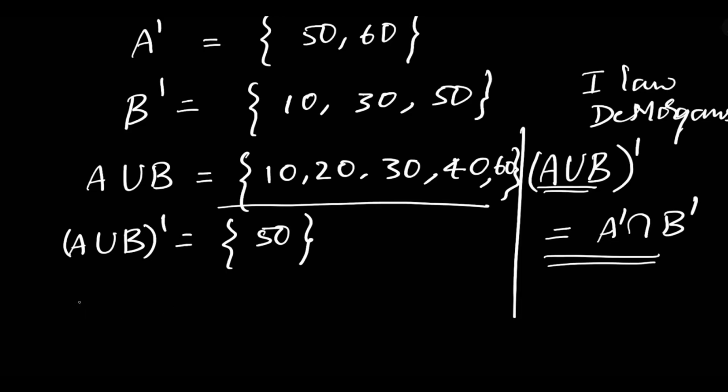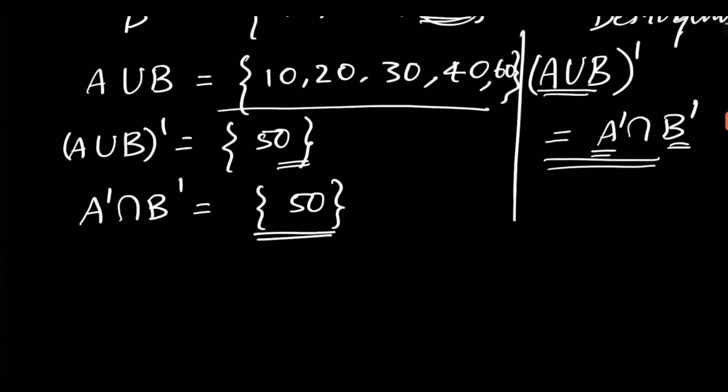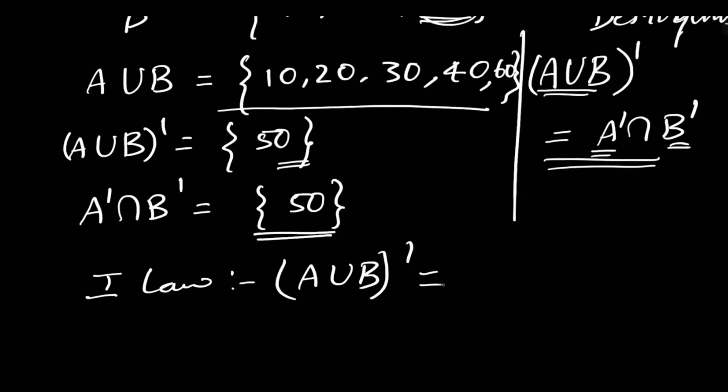Now let us find A dash intersection B dash. What is that? That is again 50. That is, which is present both in A dash and B dash, is the only one number, that is 50. A singleton set. So what does that mean? First law says that A union B the whole complement is equal to A complement intersection B complement.